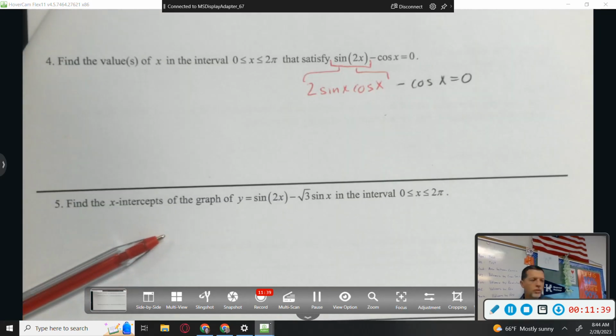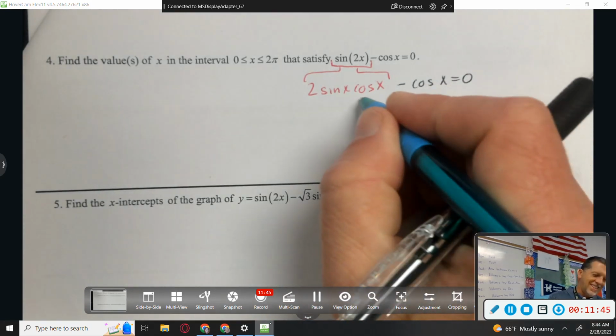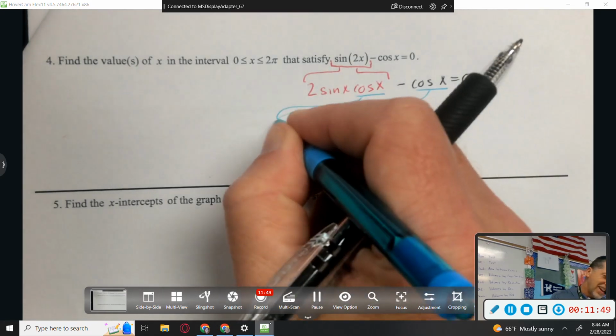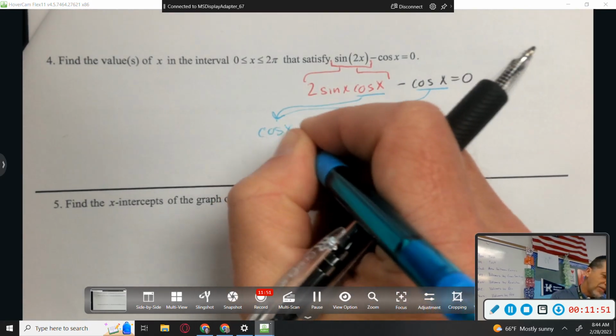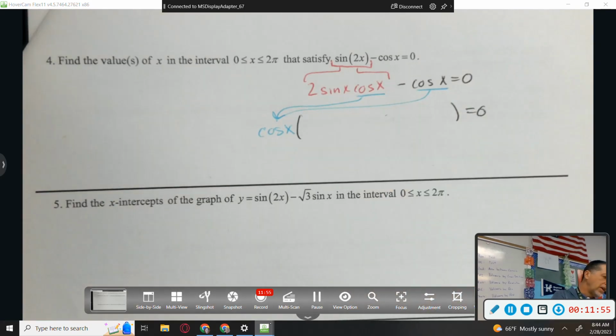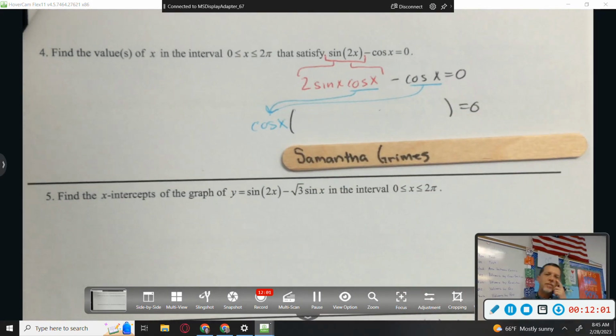And then now that is very similar to questions we had on the last test. What do you want to do from there? Factor out a cosine. So factor out a cosine. Let's pick on some people. So Samantha, what's left if we factor out a cosine? 2 sine minus 1.